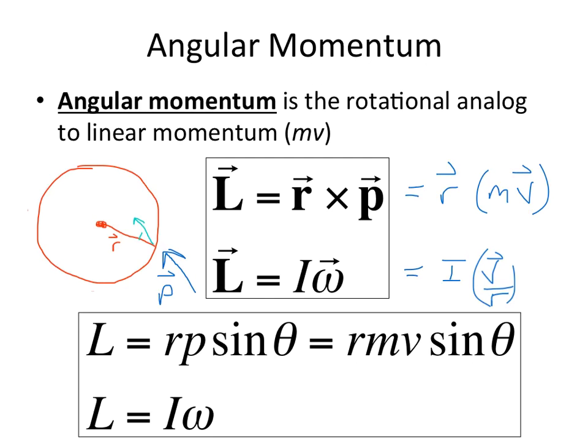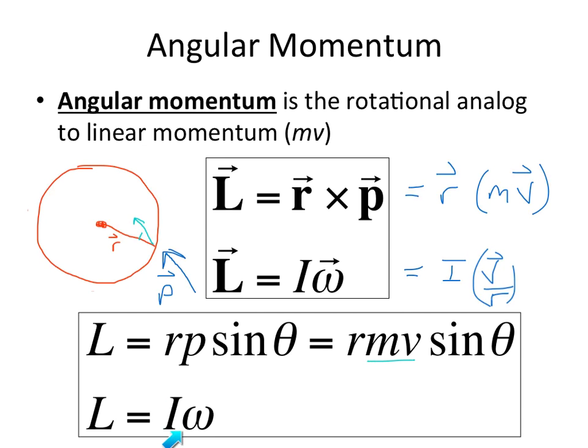So we can say that the angular momentum, L, is radius times your momentum times the sine of that angle between the radius and the momentum. Or like we said before, it's radius times mass times velocity, which is linear momentum as well, times the sine of theta. Which, of course, as we said before, is I times omega.